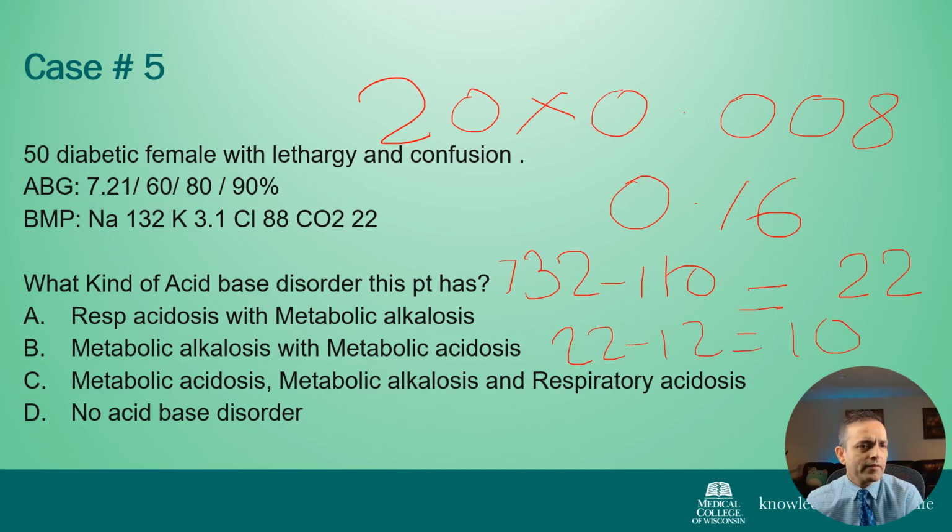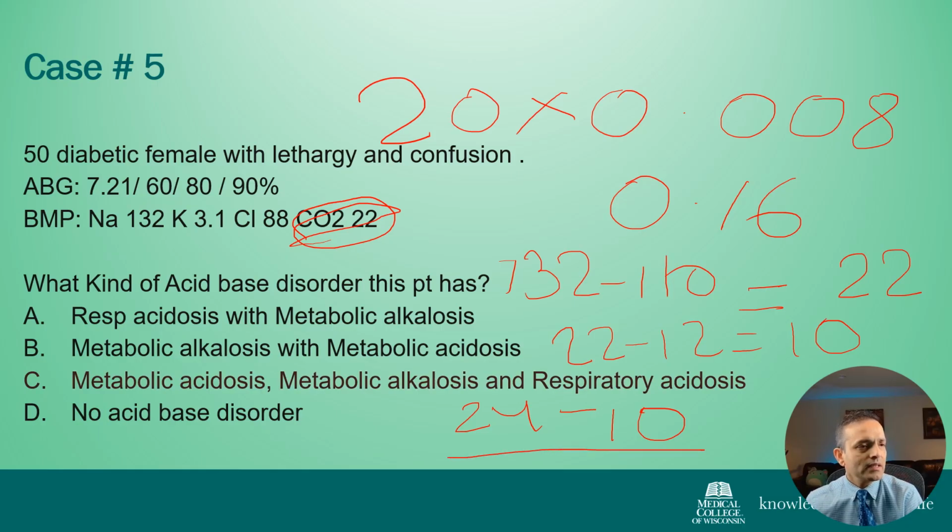If there is a delta of 10, they are supposed to have low bicarbonate. The bicarbonate is no longer 24. The bicarbonate should be 24 minus 10. So that is the expected bicarbonate. But how much bicarbonate does this patient have? The bicarbonate in this patient is 22. So patient has more bicarbonate than expected from this degree of acidosis.